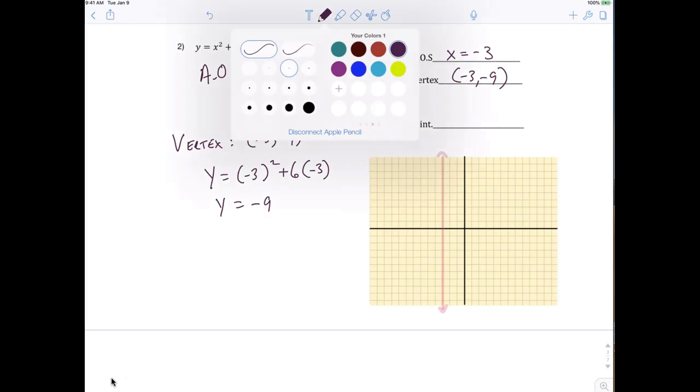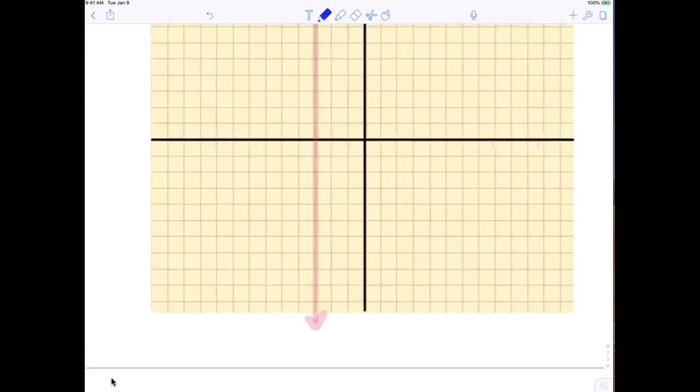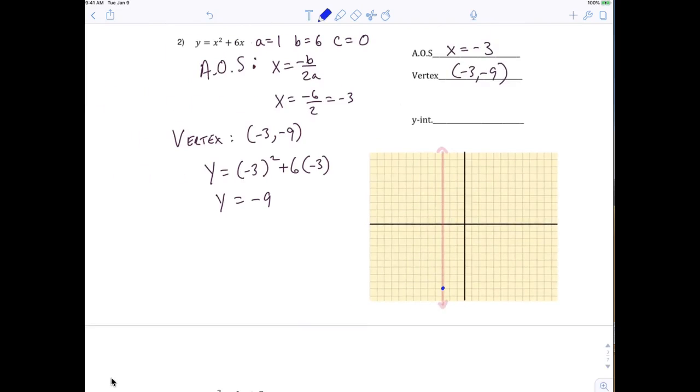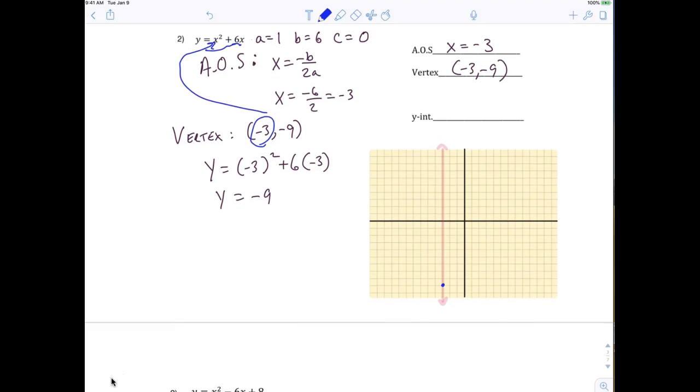And now let's go ahead and plot that point. Negative 3, negative 9 is right there. Anybody have any questions? All right, what? I just plugged in negative 3 into the original equation for X. You with me now, right? Now, the y-intercept.